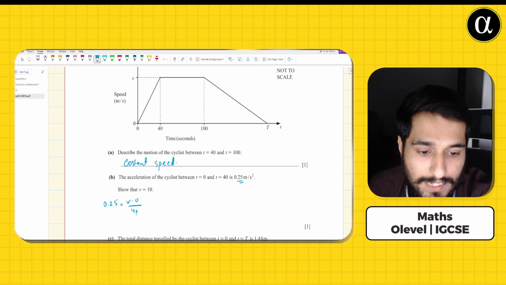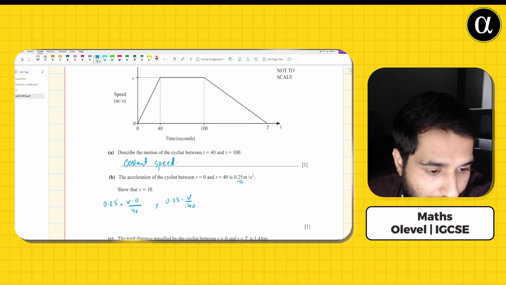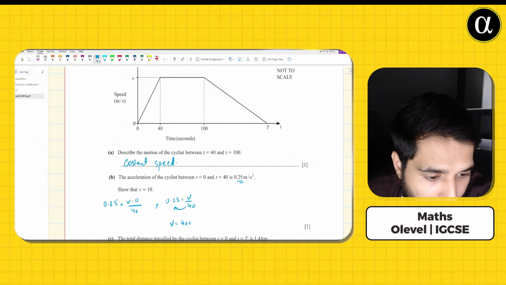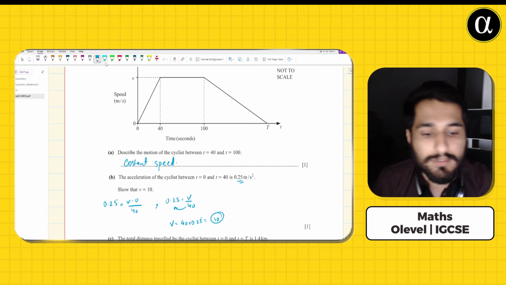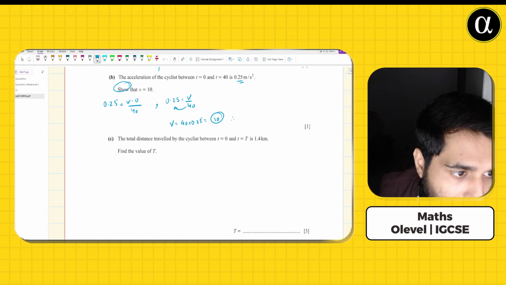So something like this. So now we know that 0.25 = v/40, and 40 multiplied by 0.25 would give us 10 as the answer. So we have proven it, or we can also write that hence shown.